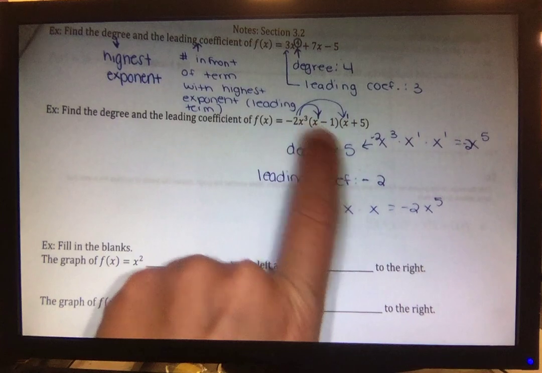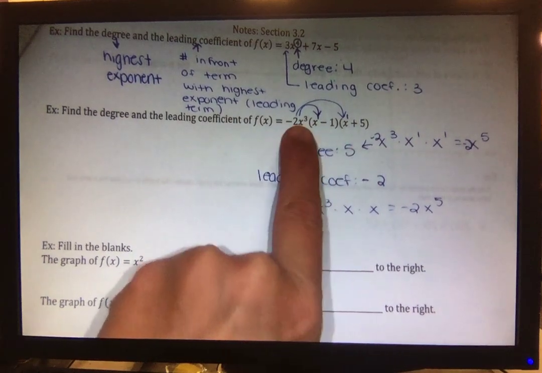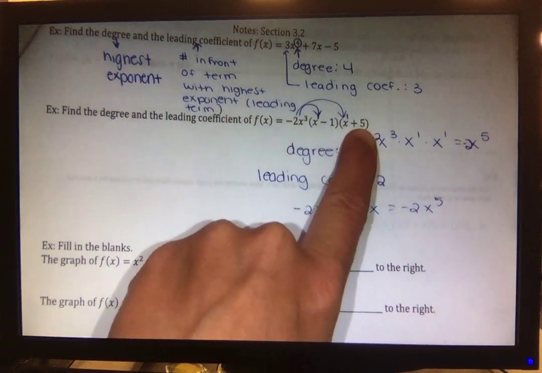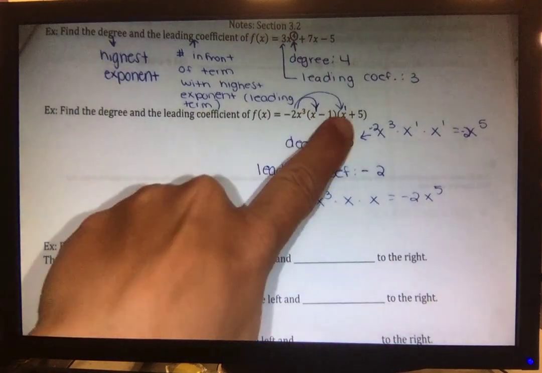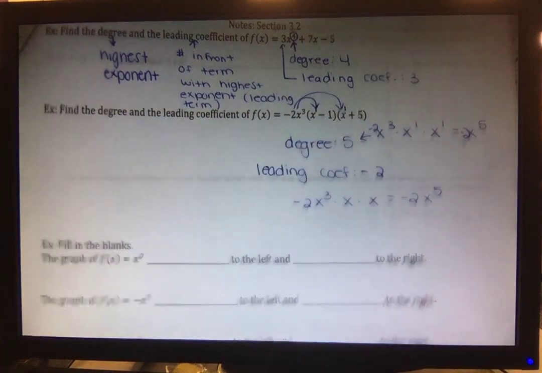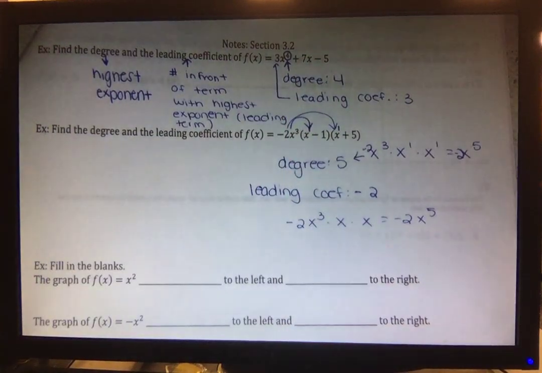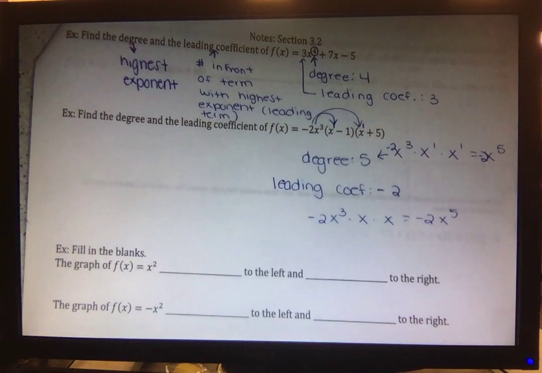They didn't distribute everything out nicely. I have this term times this term times this term. So because they're being multiplied, I had to pretend to multiply all this out, and then it would be just like number 1. Then how would you find your degree? Does that make sense? Yes. Thank you for asking a question. Because you have to multiply those, that's why we had to go a little bit further with the work. These were already all multiplied out for us. All right.